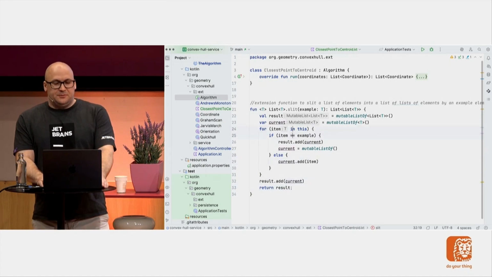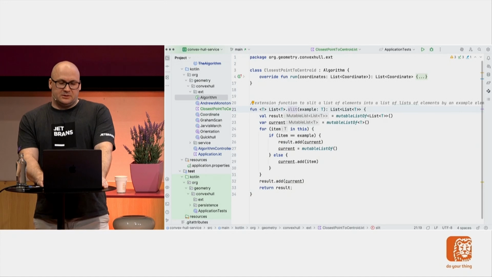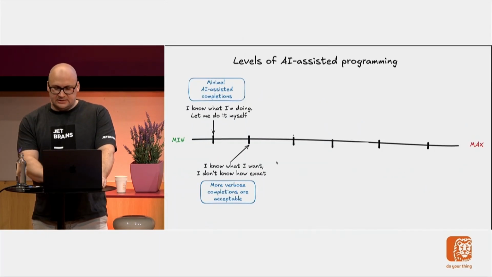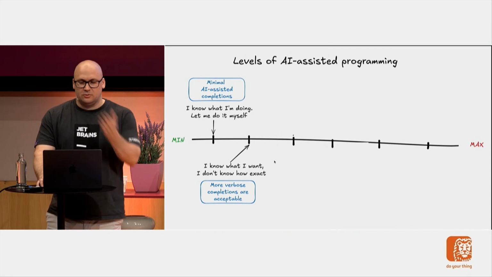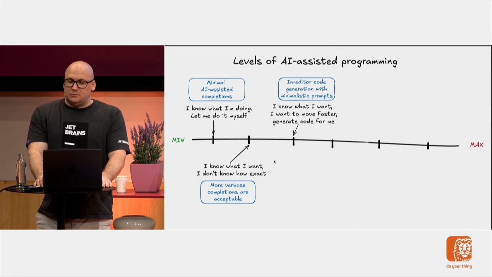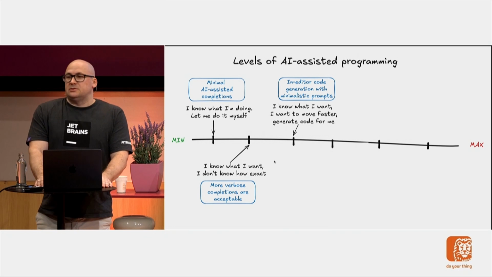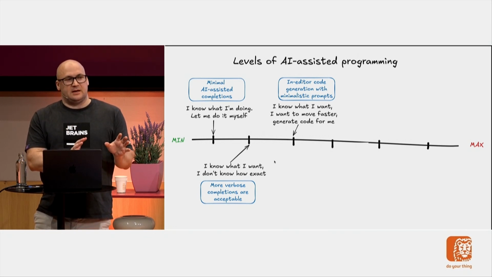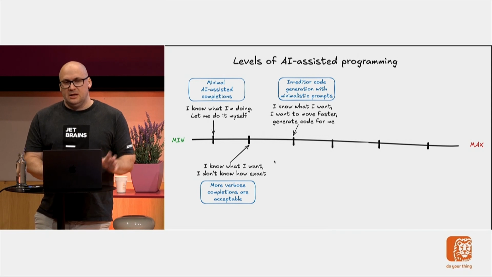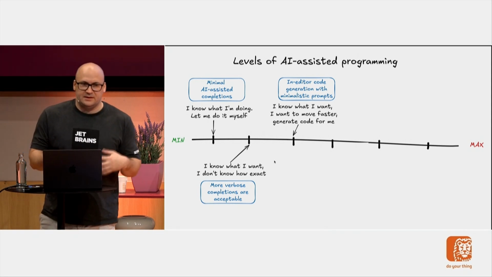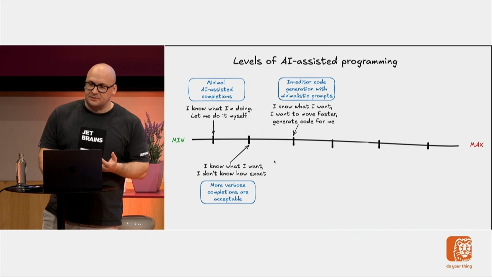It might not be perfect, and this is where we can get into more assistance levels, like on the next stage, in-editor code generation with minimalistic prompts. It's almost the same as getting the multi-line completion, but this is where the mechanics of providing this assistance is already different.